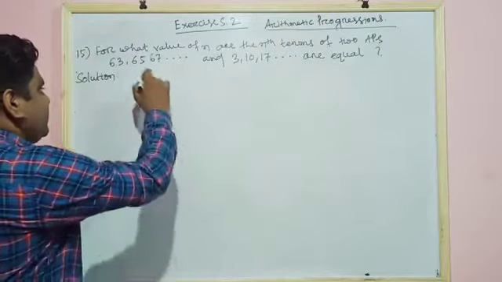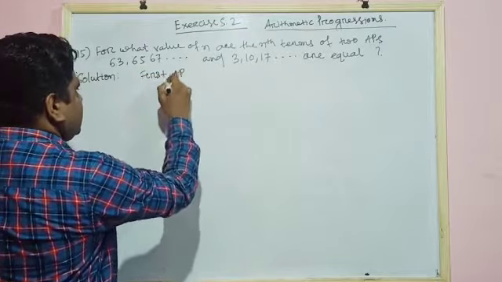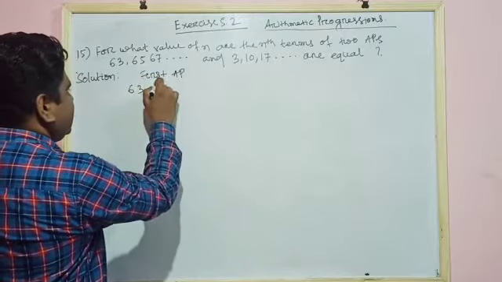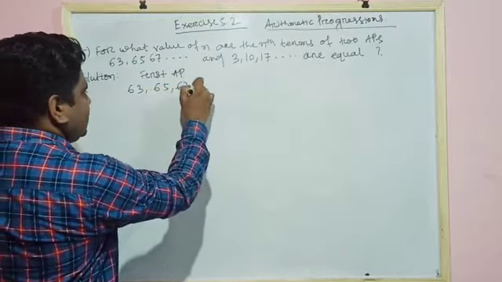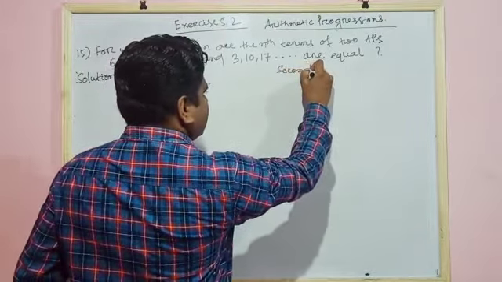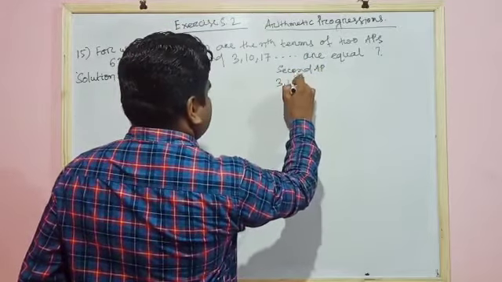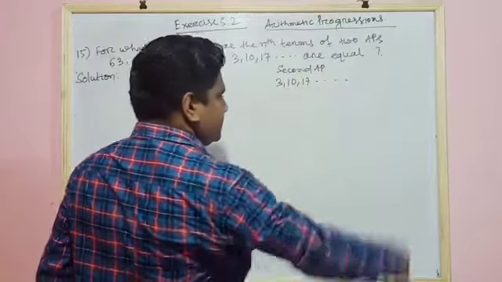Let the first AP be 63, 65, 67 and so on, and the second AP be 3, 10, 17 and so on.